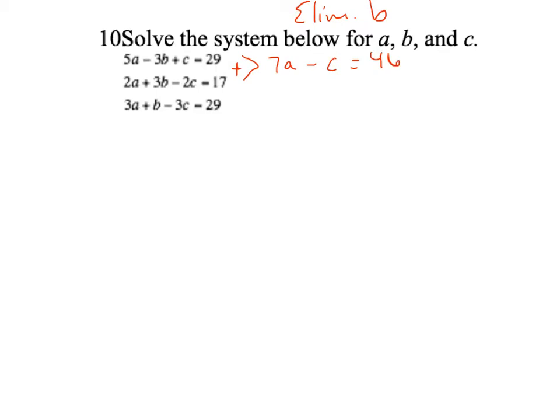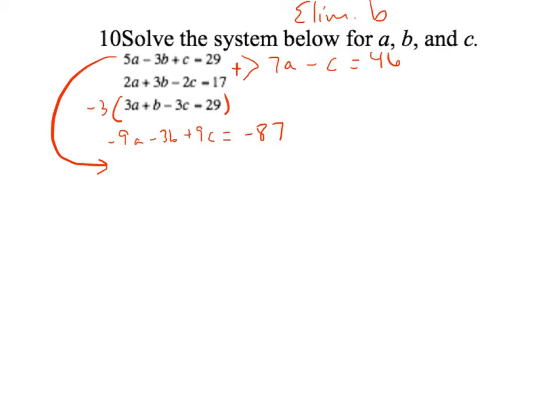Next, I need to get rid of b again in another equation. So what I'm going to do is multiply this one by negative 3. So I'm going to get negative 9a minus 3b plus 9c equals negative 87.